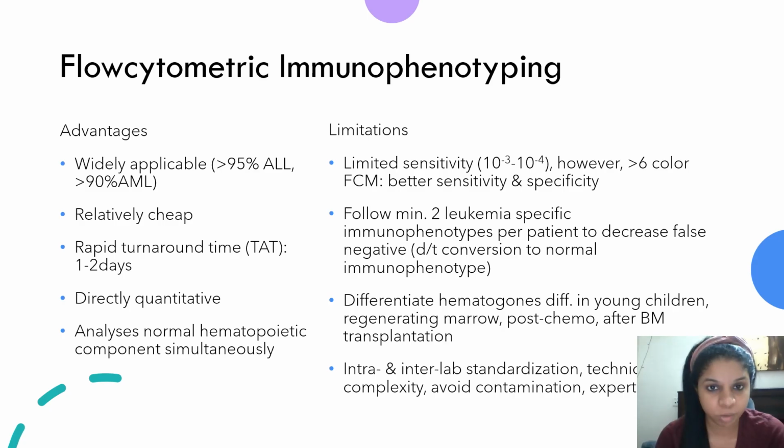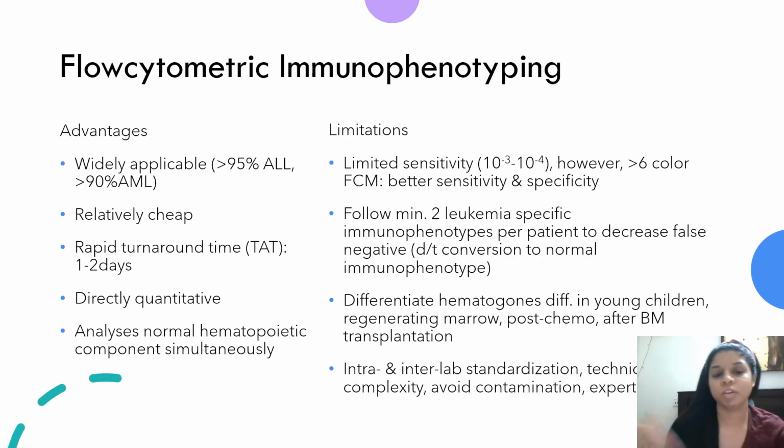So coming to the advantages and limitations, the advantage of flow cytometry is that it is widely applicable: in more than 95% of ALL and more than 90% of AML cases you can use flow cytometry. It is relatively cheap, the turnaround time is rapid, 1 to 2 days, and it is directly quantitative. That is, you see how many markers are expressed, and from there you can identify which cells are expressing, and you can quantify the cells.